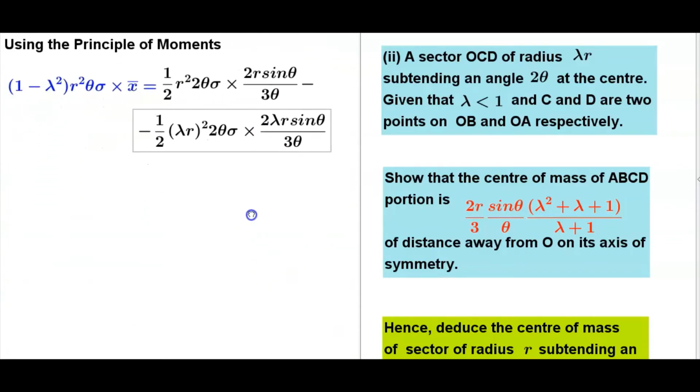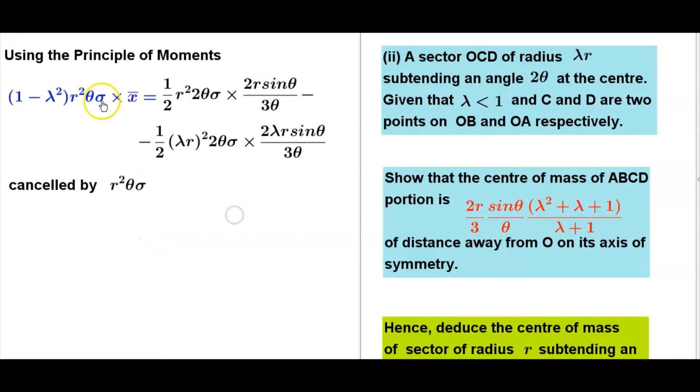When we simplify this one, r squared theta sigma cancels on both sides. Therefore, left hand side is left with 1 minus lambda squared into x bar. In the right hand side, r squared theta sigma cancels, these two cancel.